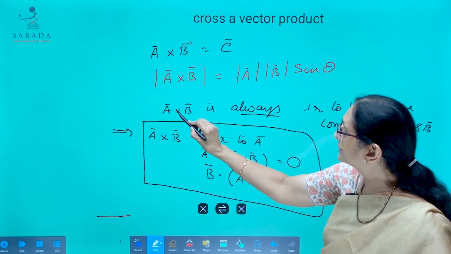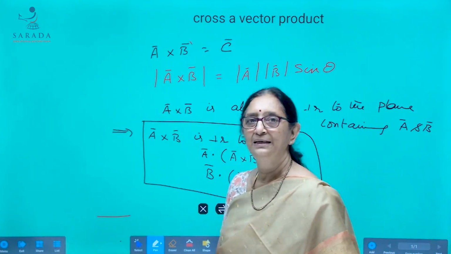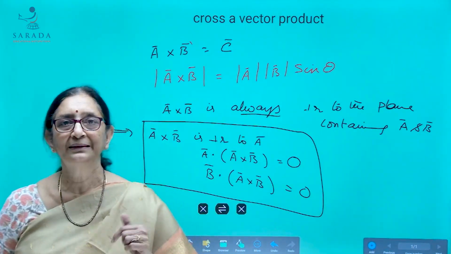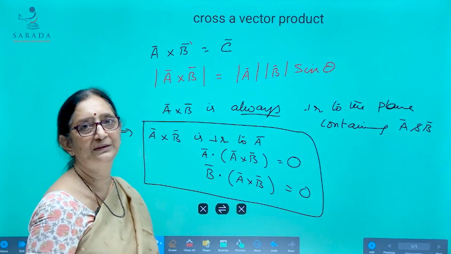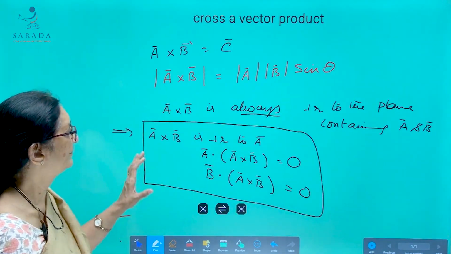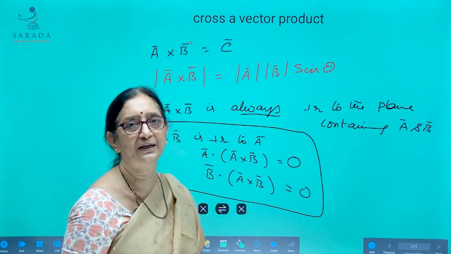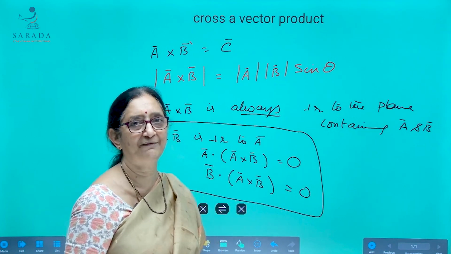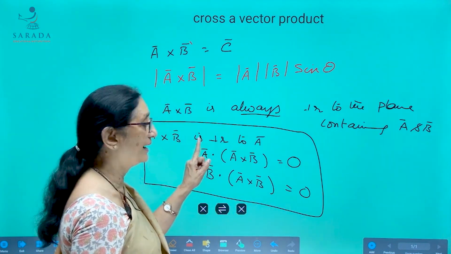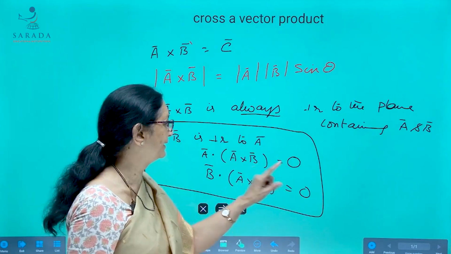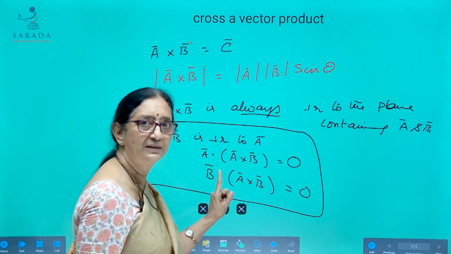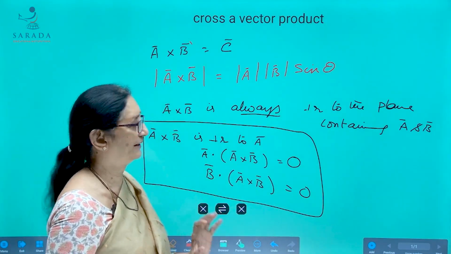The direction of A bar cross B bar is perpendicular to the plane containing both vectors A bar and B bar. As the dot product of two mutually perpendicular vectors is 0, A bar dot A bar cross B bar is 0, and B bar dot A bar cross B bar is 0.